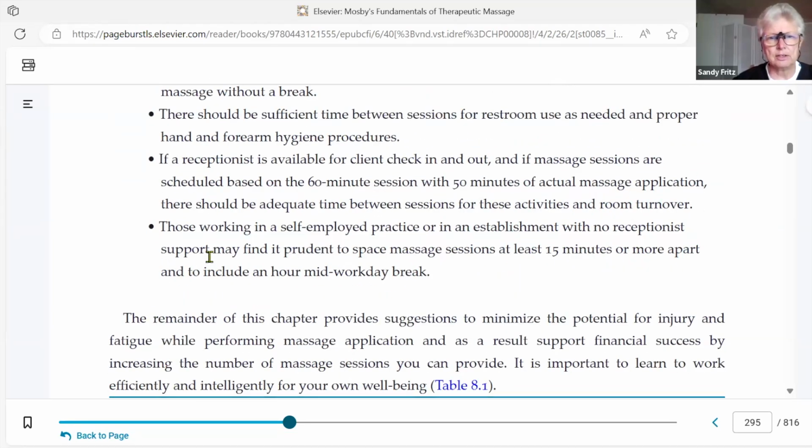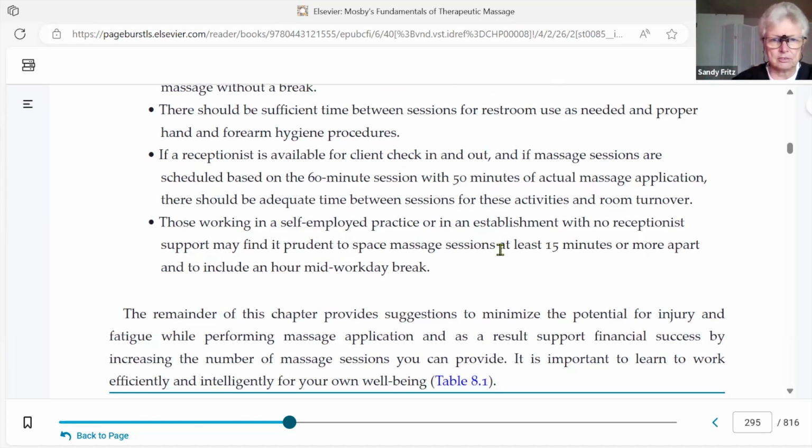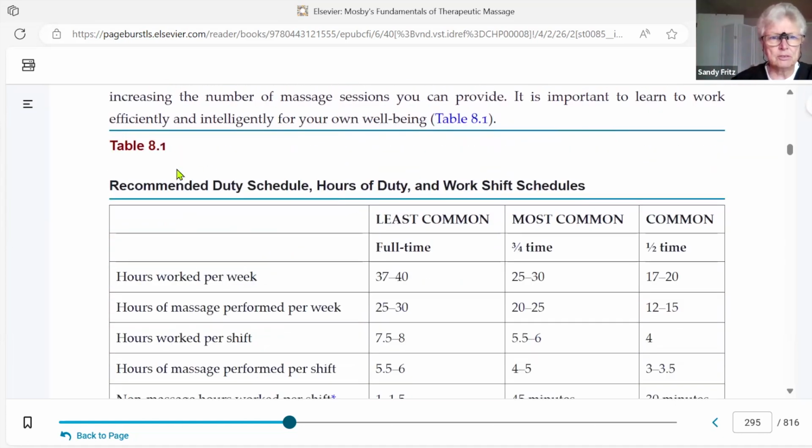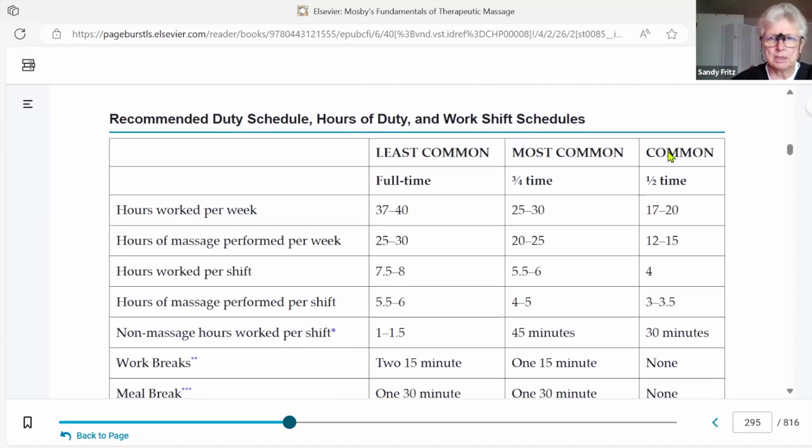It also says here, if you are self-employed or without receptionist support, then you're going to have more time in between the client sessions. So this is kind of cool. This is a recommended duty shift, gives you some idea.